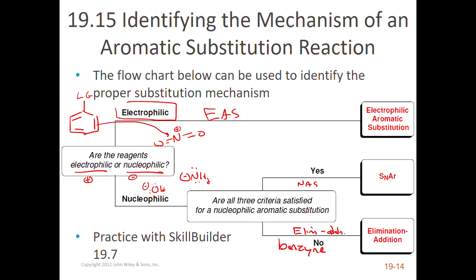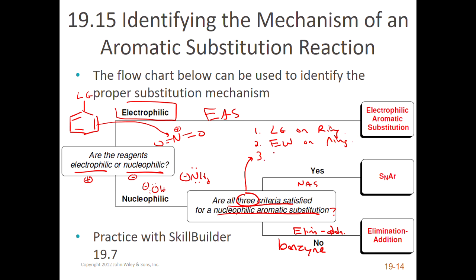So then the next question you would ask yourself is, are all three criteria satisfied for the NAS reaction? Just to remind ourselves, what were those three criteria? There has to be a leaving group on the ring. And there has to be an electron withdrawing group on the ring.